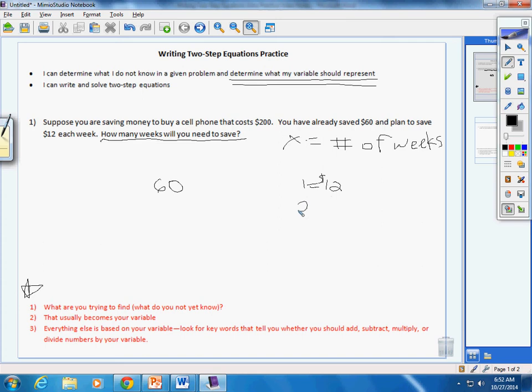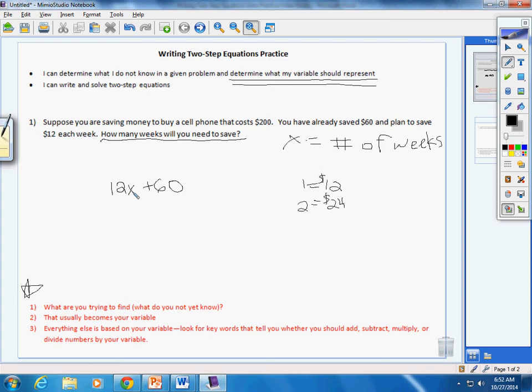And after 2 weeks, you should have another $24. And after 3 weeks, probably have $36 because you're saving $12 each week. So we already have $60, but if we add to that $12 per week, we should be able to come up with our final total amount.